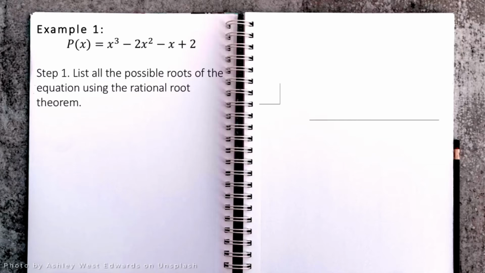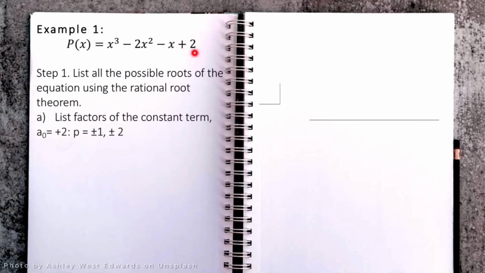Then, step 1, list all the possible roots of the equation using the rational roots theorem. Okay, first, list the factors of the constant term. The constant term is the positive 2. Then the factors of 2 are 1 and 2. Since we are in algebra, we need to consider the positive and the negative numbers, which is positive negative 1 and positive negative 2.